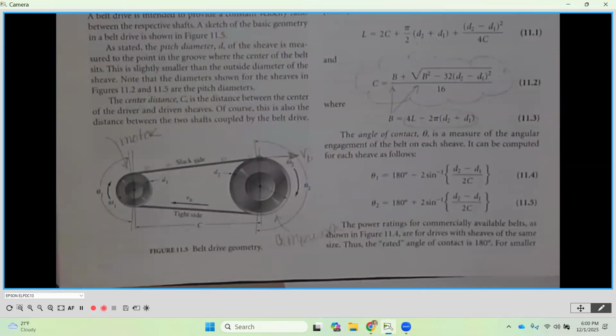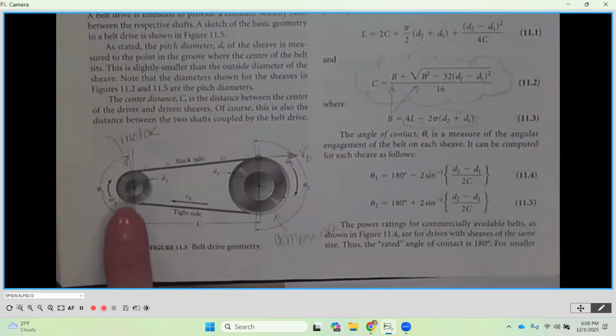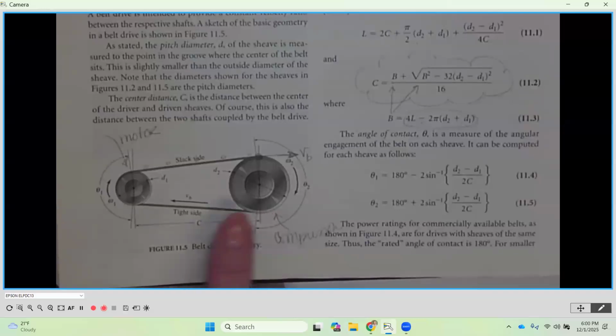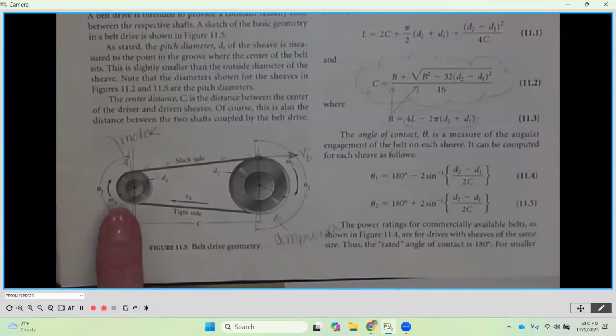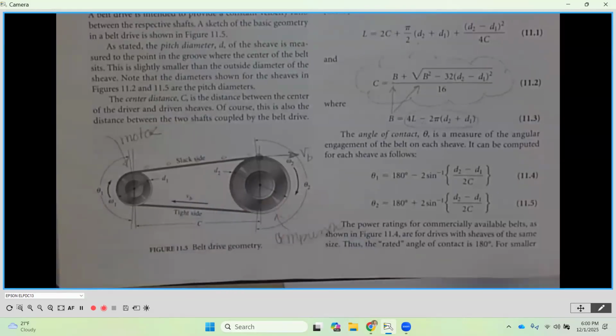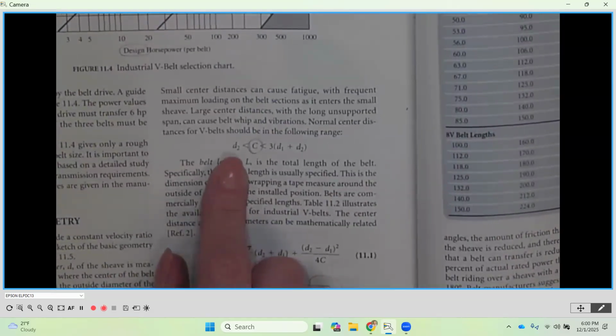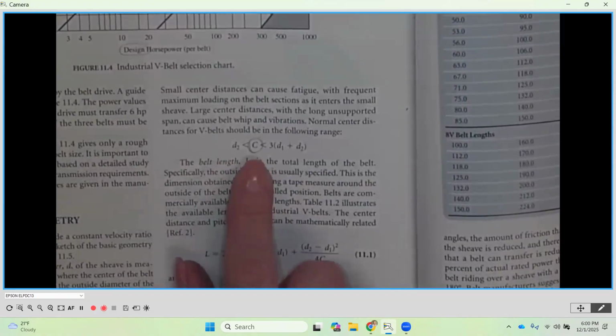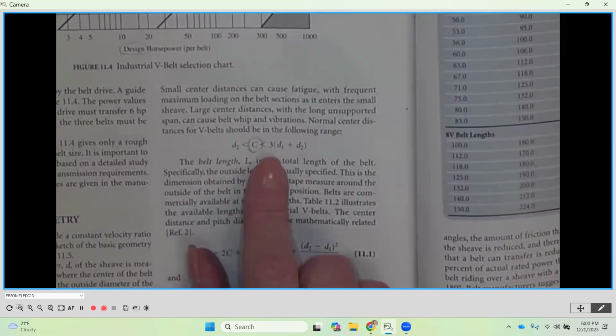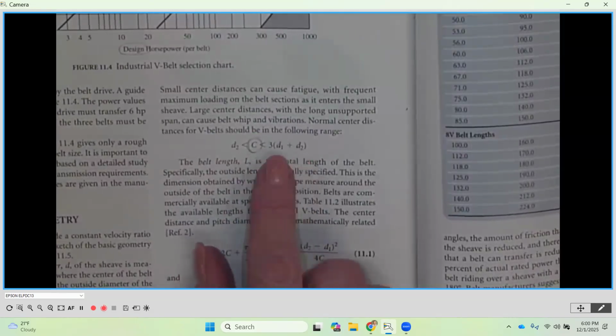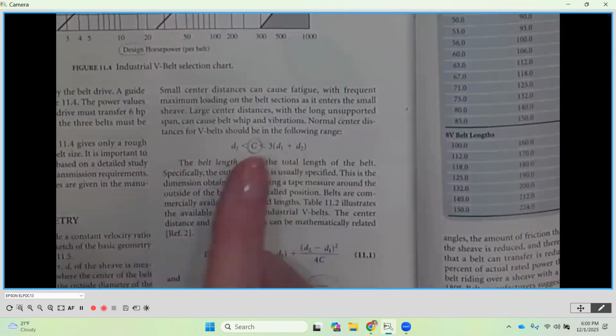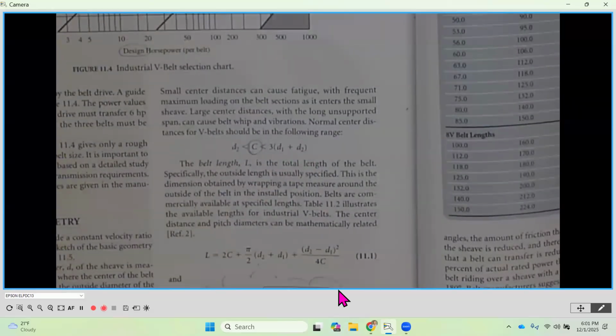So for instance, down here on our drive, this would be the driver and this would be the driven. These would be the number 1s and these would be the number 2s, okay? So when we look here at D2, this is the pitch diameter of the larger sheave. Our center distance needs to be larger than that, but smaller than 3 times the sum of those 2 pitch diameters added together. Okay, so somewhere in between there is where our center distance is going to be.